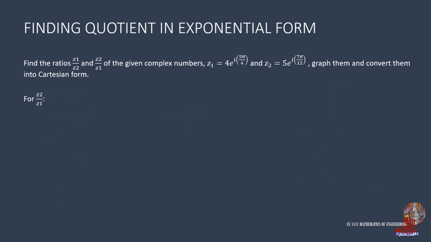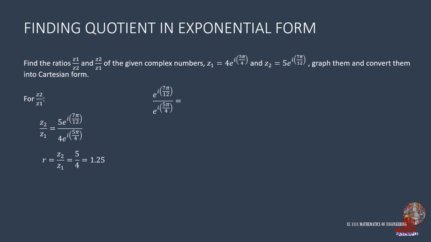Next is to take z2 over z1, that is 5e raised to i times 7 pi over 12 all over 4e raised to i times 5 pi over 4. The modulus is solved as 5 over 4, giving 1.25.